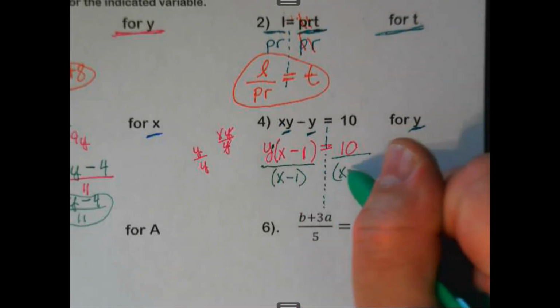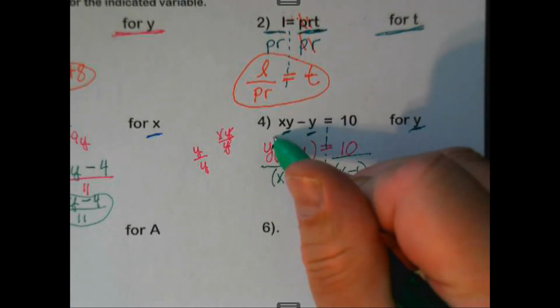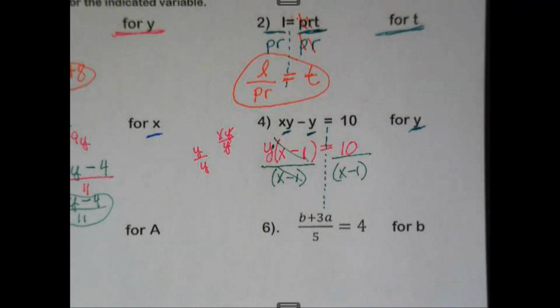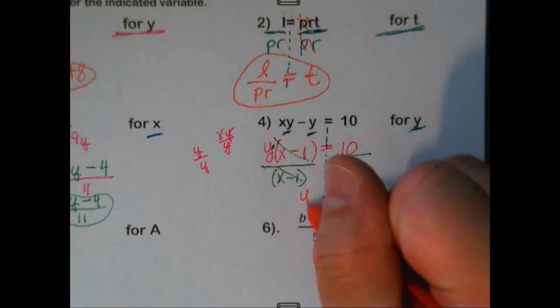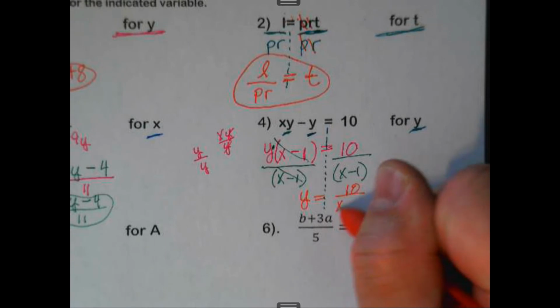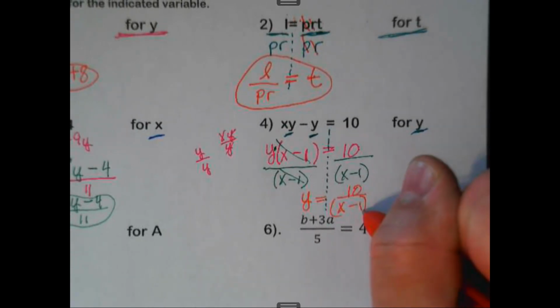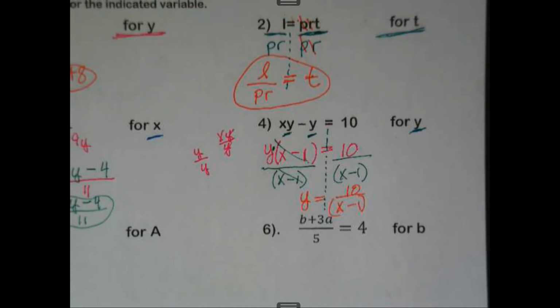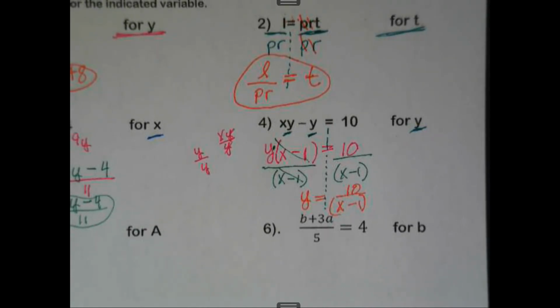So that these cancel, numerator and denominator, and I'm left with y equals 10 over x minus 1. If you want, you can leave the parentheses there. I like what's called undistributing. Not really, there's no mathematical term for it, but that's kind of what we call it.